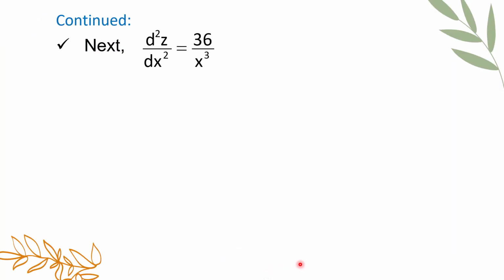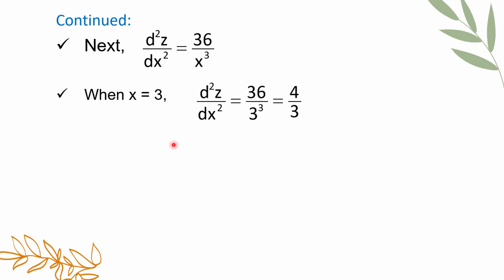Let's continue to the second derivative. The second derivative of z with respect to x becomes 36 over x cubed. When x equals 3, we substitute and obtain that the second derivative is 4 over 3, and this is a positive value.